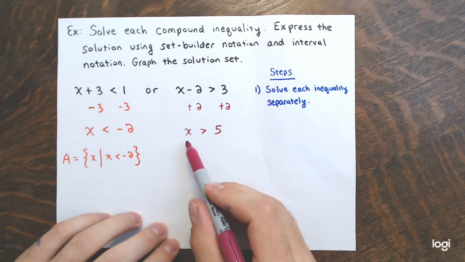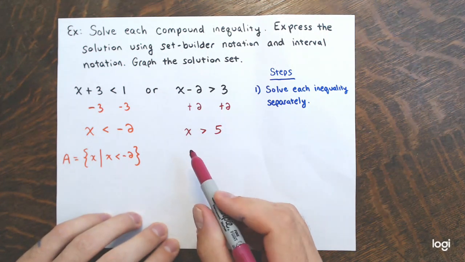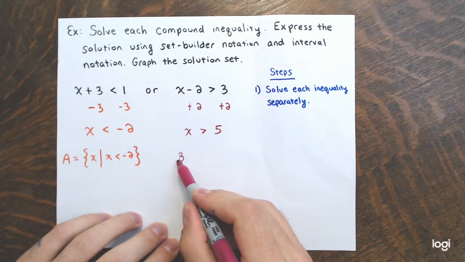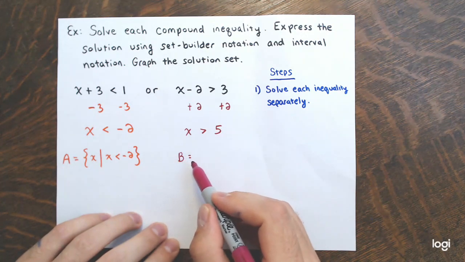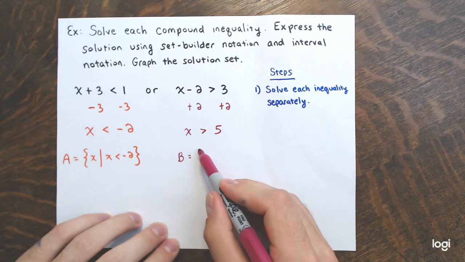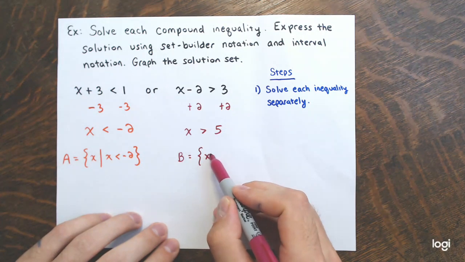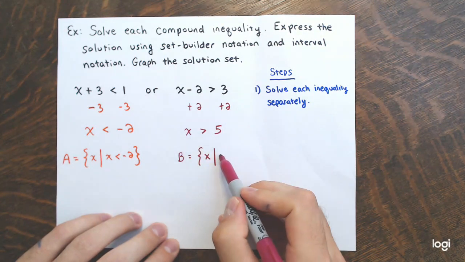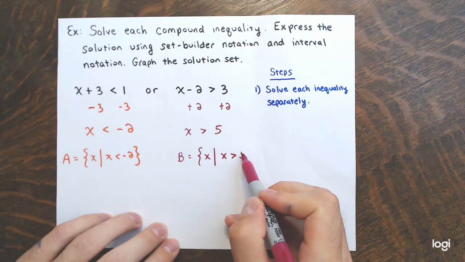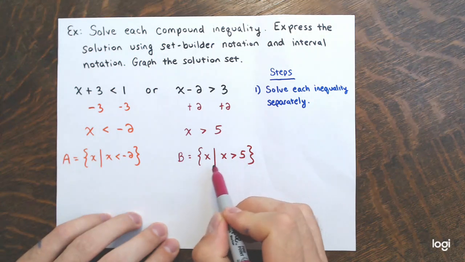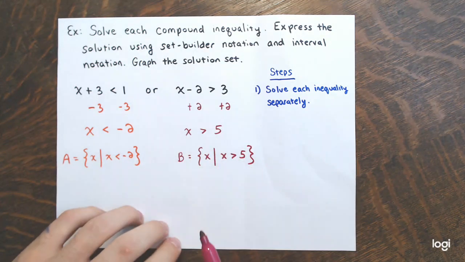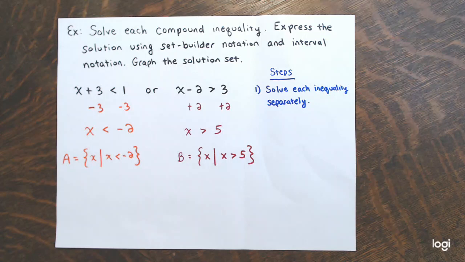I'm going to call the set of solutions for this second inequality set B, and the solutions are all the values of x such that x is greater than 5. Again, this is set builder notation for the solutions of the second inequality.